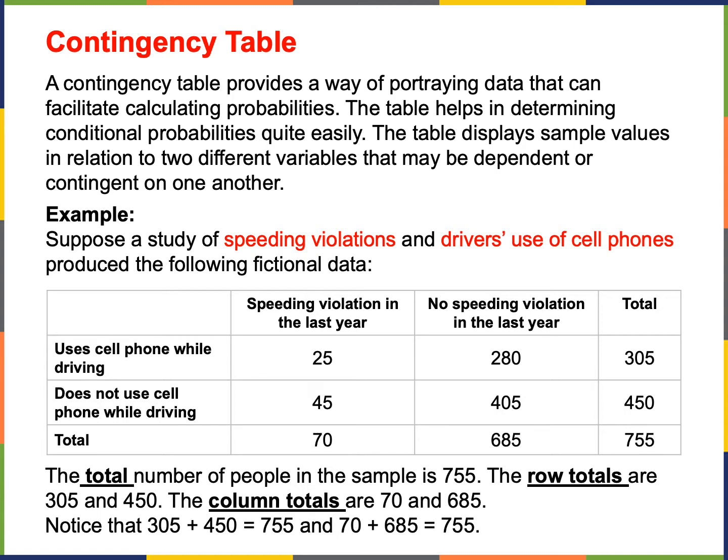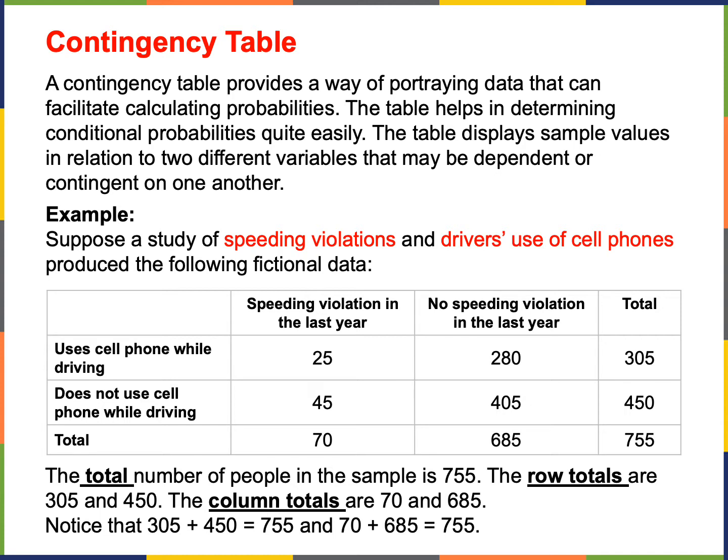So let's say for example, there was a study on speeding violations and the use of cell phones. They asked a total of 755 people. Notice here that this is the total. They asked the following questions: did you get a ticket or not in the last year?